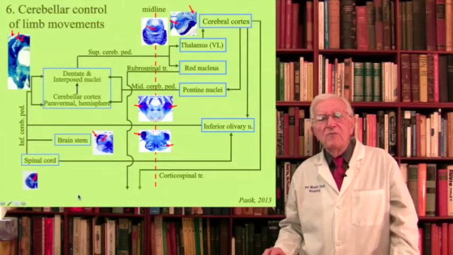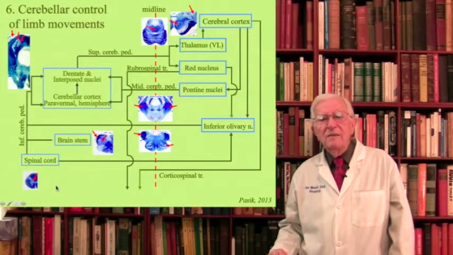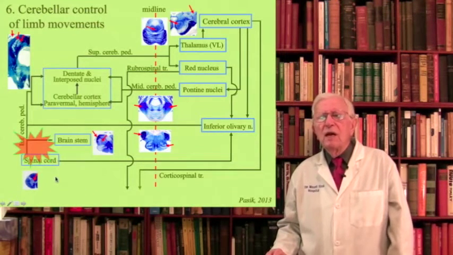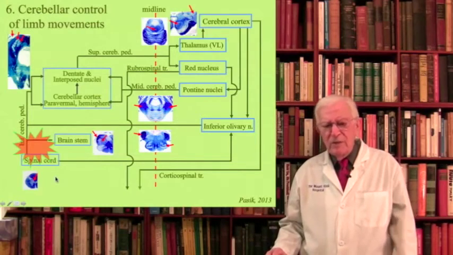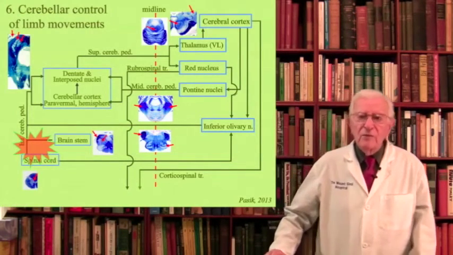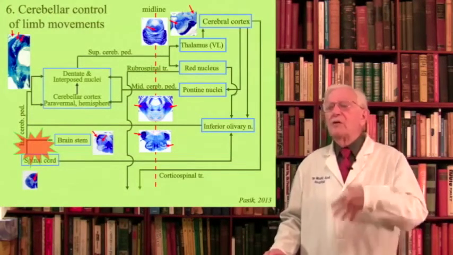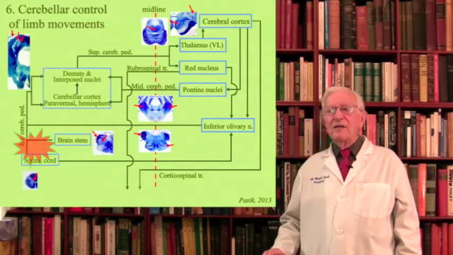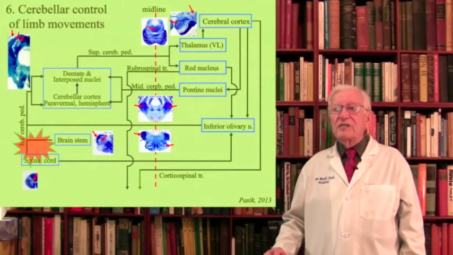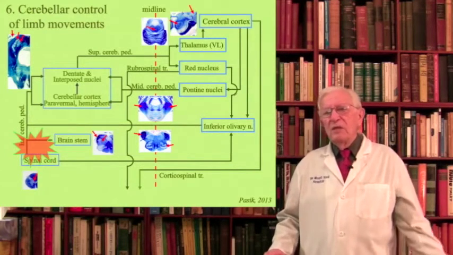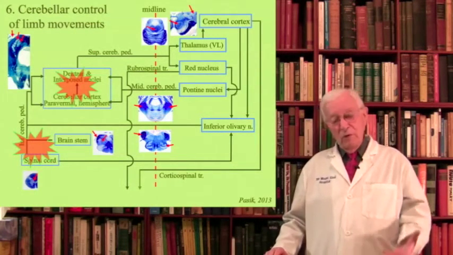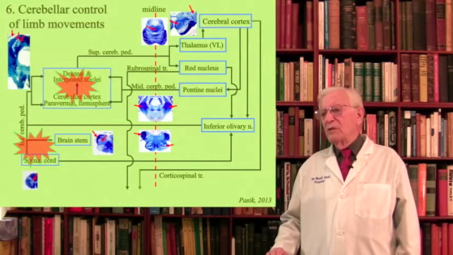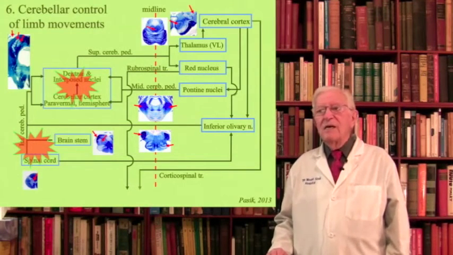Well, the lesion can be in the spinal cord, affecting the dorsal spinocerebellar tract and even the ventral spinocerebellar tract. All these inputs from the spinal cord to the cerebellum are deficient, and you will have a cerebellar dysfunction on that side. Or the lesion can be in the cerebellum itself and give you the same thing, problems with the cerebellar function on the ipsilateral side.